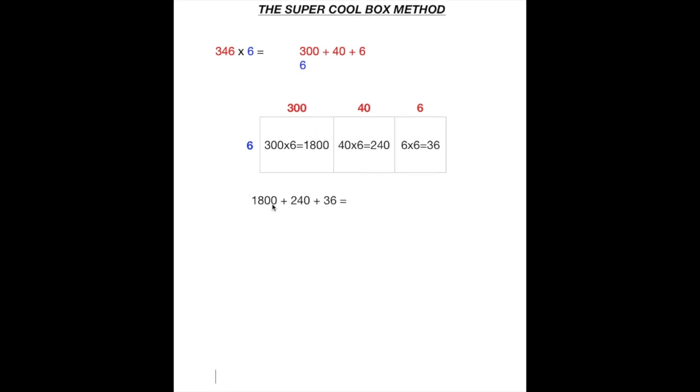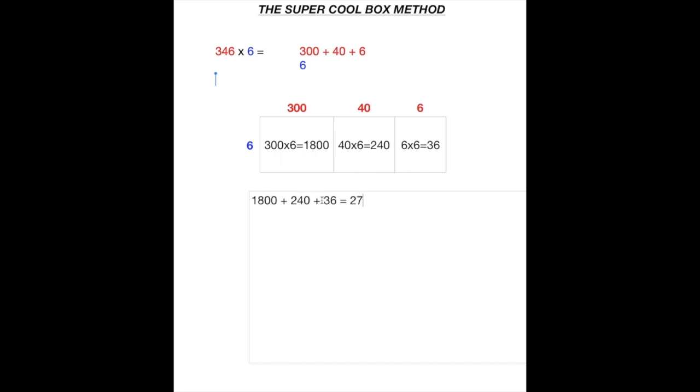Now, to finish that off, add those products together. We have 1,800 plus 240 plus 36. Using my mental math, I can do 1,800 plus 200. Well, that's 2,000. So let me put a 2 in the 1,000 spot. And then let's look at the hundreds. Well, we've used those up. The tens, 40 and 30 is 70. So we put a 7 in the 10 spot.